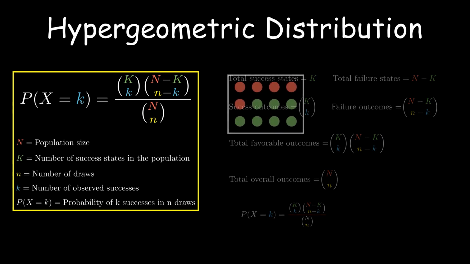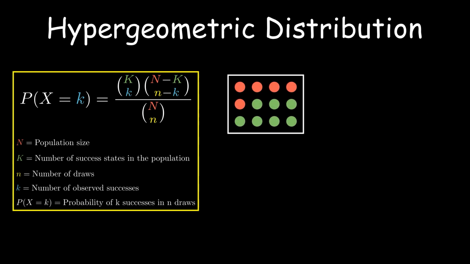Let's take an example to understand this better. Suppose we have a box with 12 balls, 5 of which are red and 7 are green. And let's say drawing a green ball is considered a success and drawing a red ball is considered a failure. Our population size in this case would be 12, as there are 12 balls in the box.